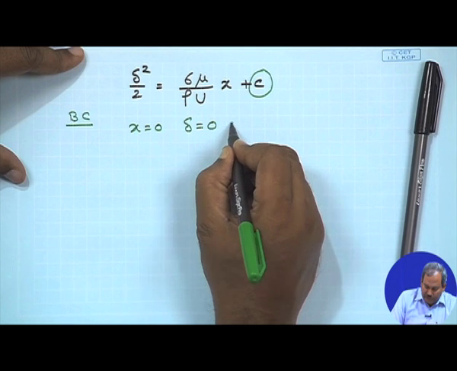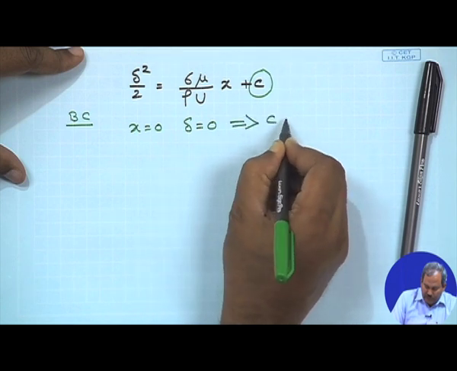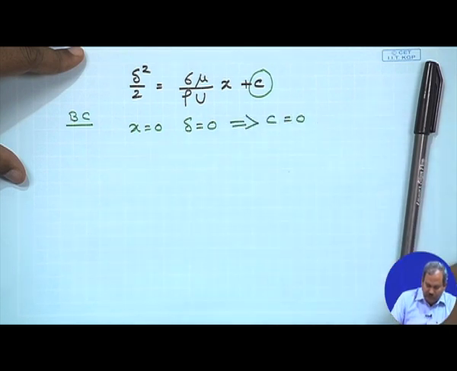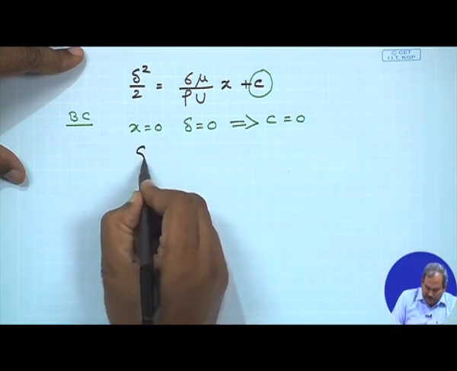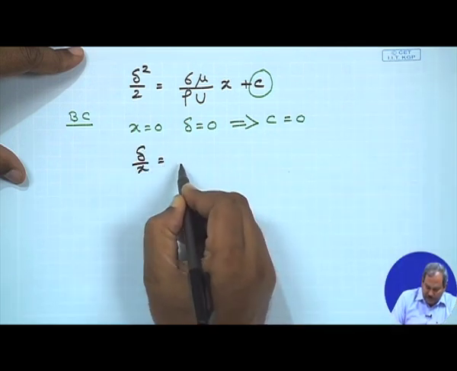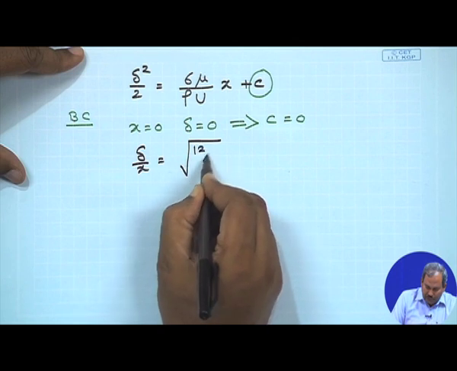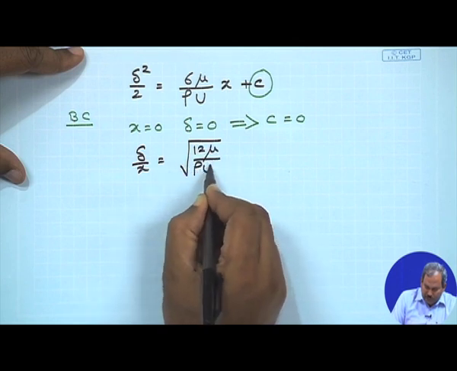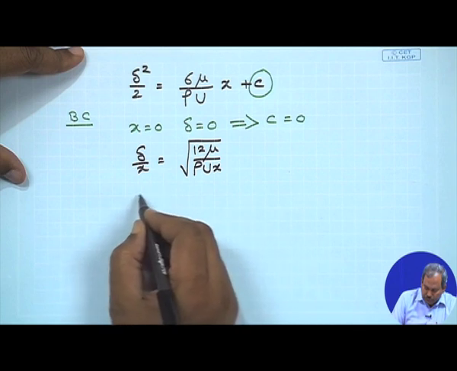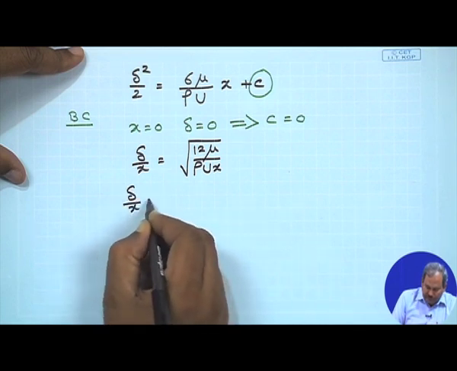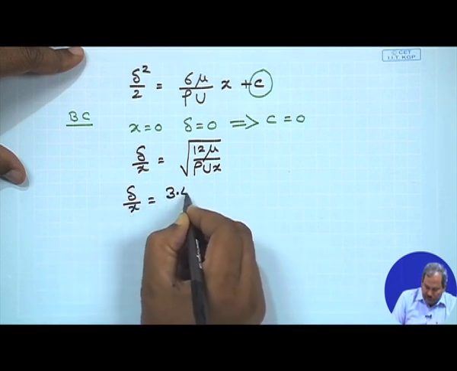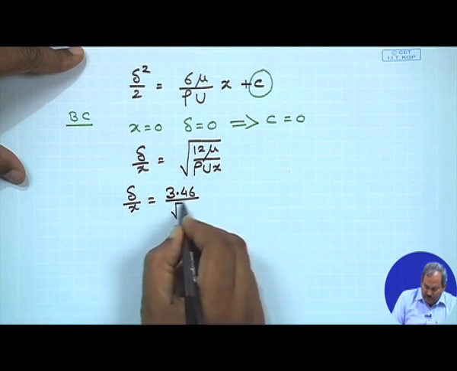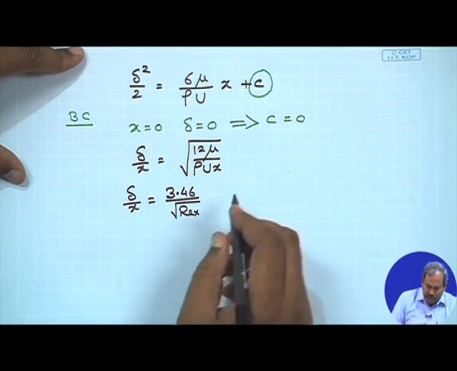So using this boundary condition, you would get the value of c to be equal to 0, and thus delta by x would simply be equal to 12 mu by rho U x, or delta by x equals 3.46 by root over Re x.